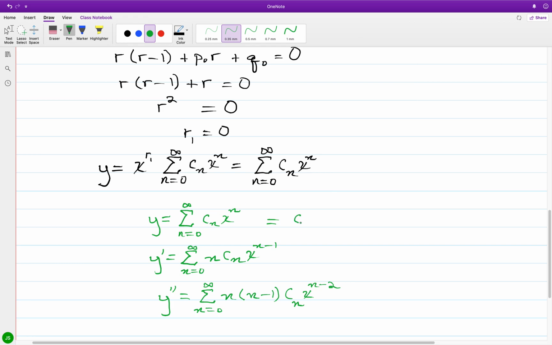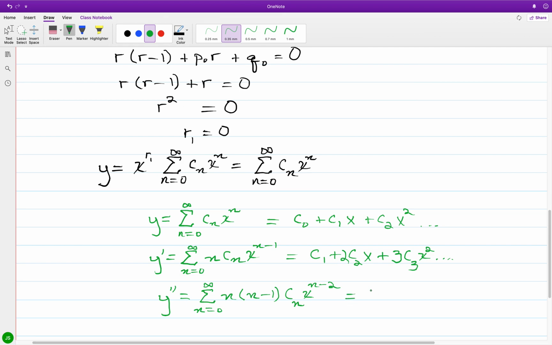So we have c naught plus c1x plus c2x squared. Starting from 0, that's going to be negligible, and you have 1 times c1, so you have c1, plus 2c2 x, plus 3c3 x squared, and so on.